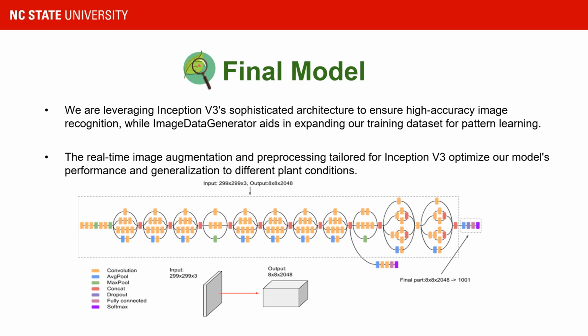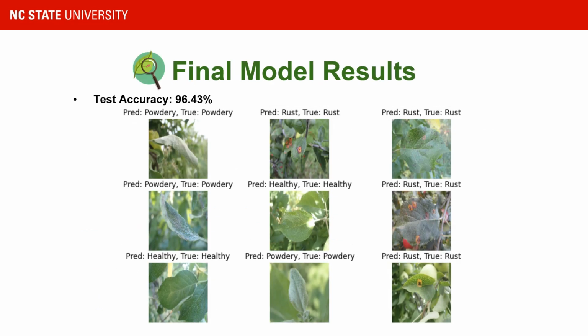Finally, we added a custom dense layer and a global average pooling 2D layer that effectively draws output from our output layer. Coming to our testing results, we got 96.43% using the Inception V3 architecture.